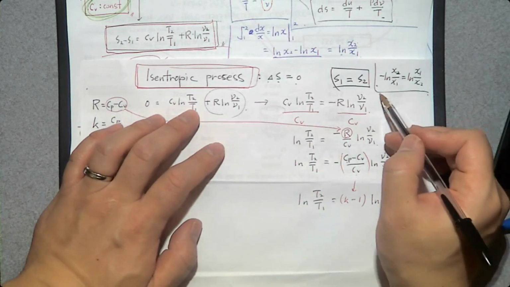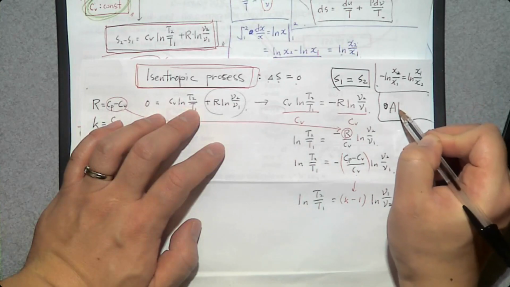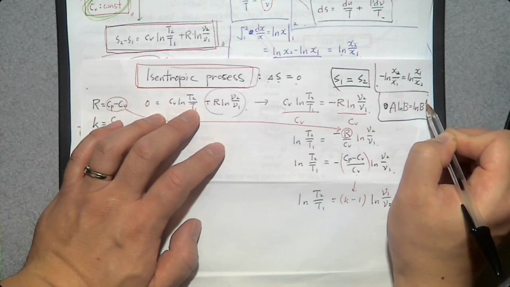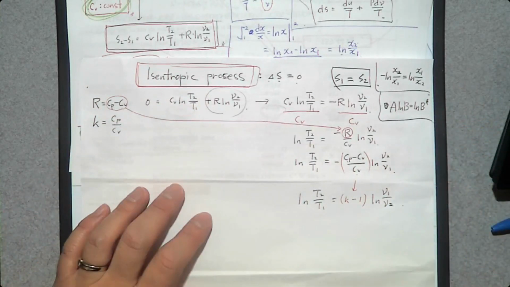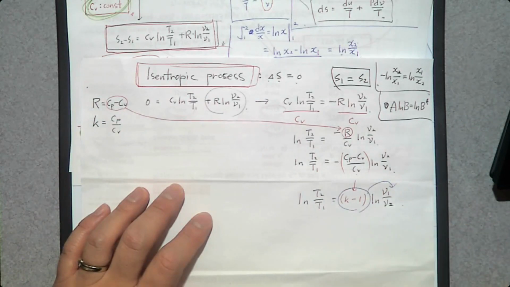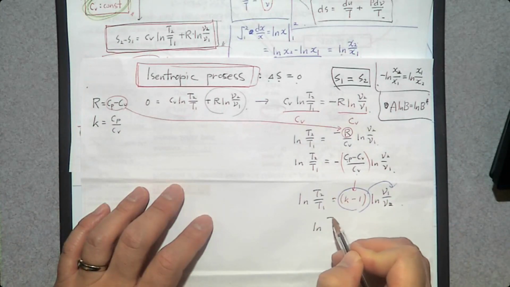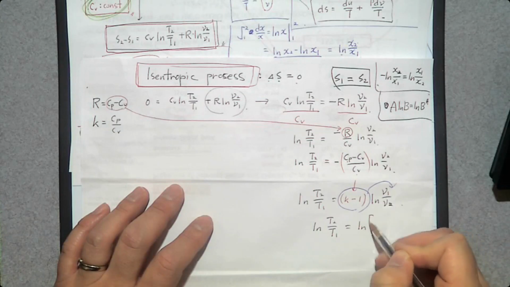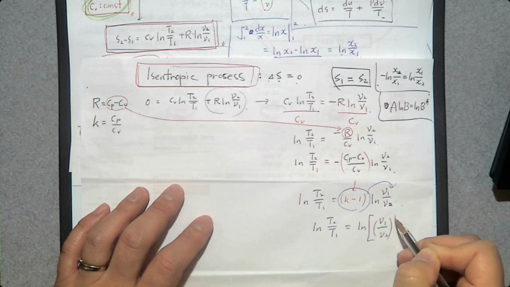Then the next relation: A natural log B is going to be natural log B to the power A. We know that, right? So this kappa minus 1 can jump on top here. So this equation becomes natural log T2 over T1 is going to be natural log of V1 over V2 to the power kappa minus 1.